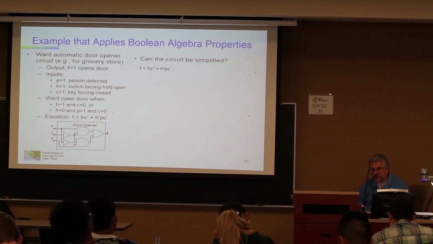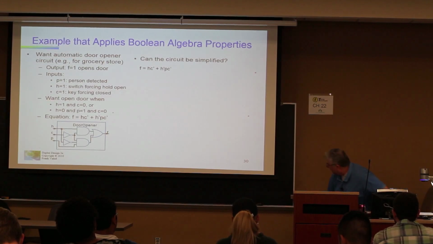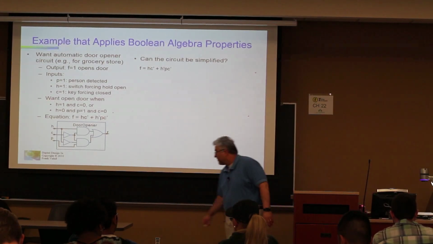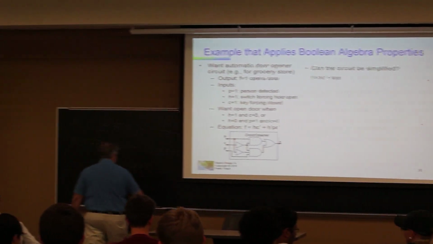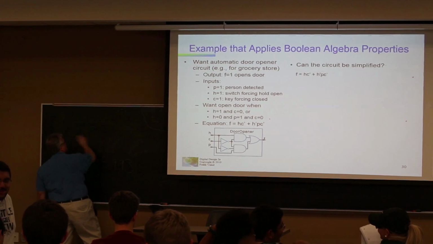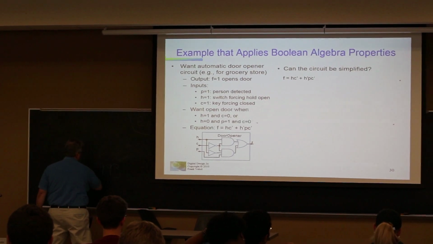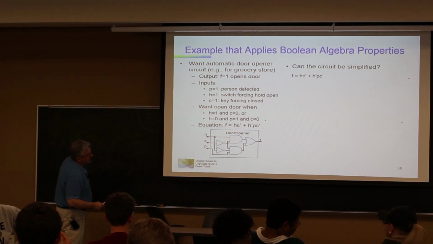What I want you to do is to turn to your neighbor and figure this out. So let me write this up on the board again, just so that you understand it. And then we'll look at the properties. So what is our formula?